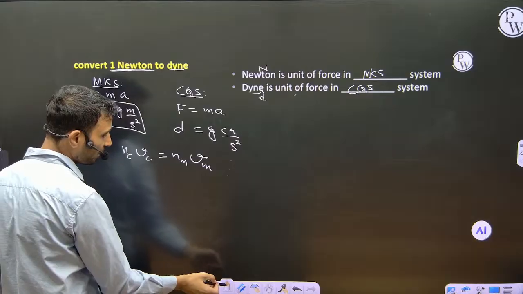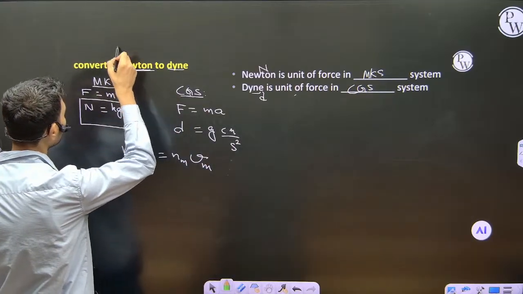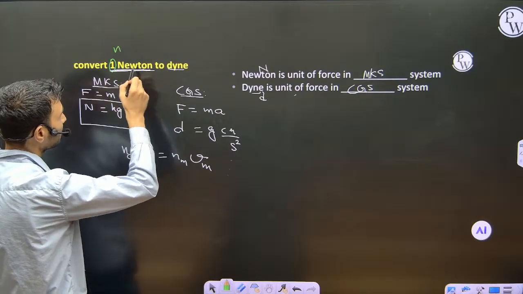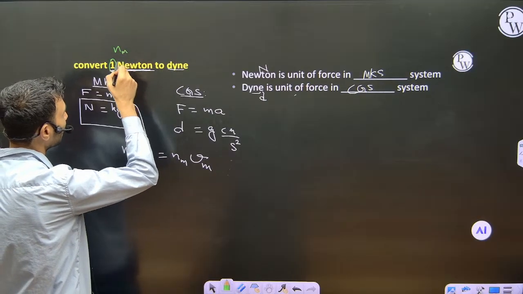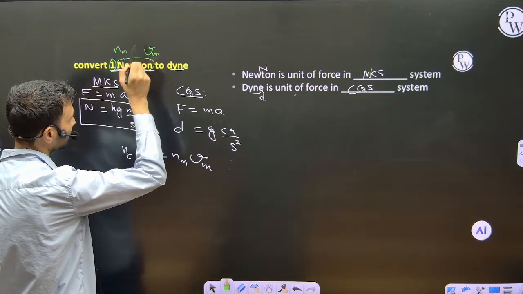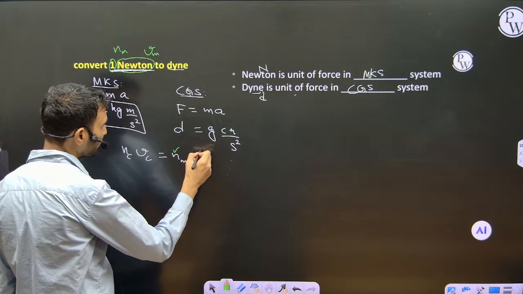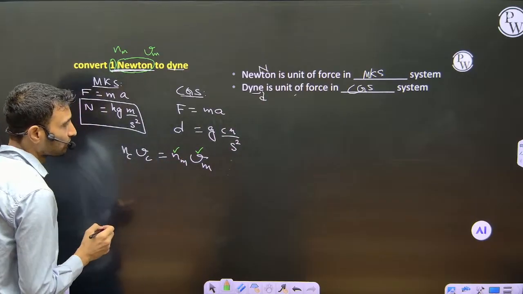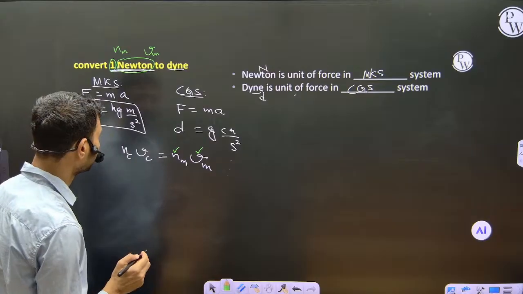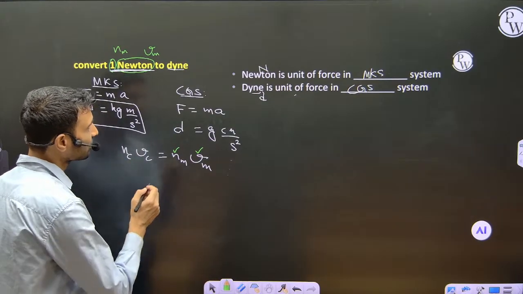So when you say 1 Newton, what is 1 here? 1 is a number written in the system. Newton means MKS. And this is the unit written in the system, again in MKS, right? So we know NM, we know UM, right? And what is the unit of CGS, guys?